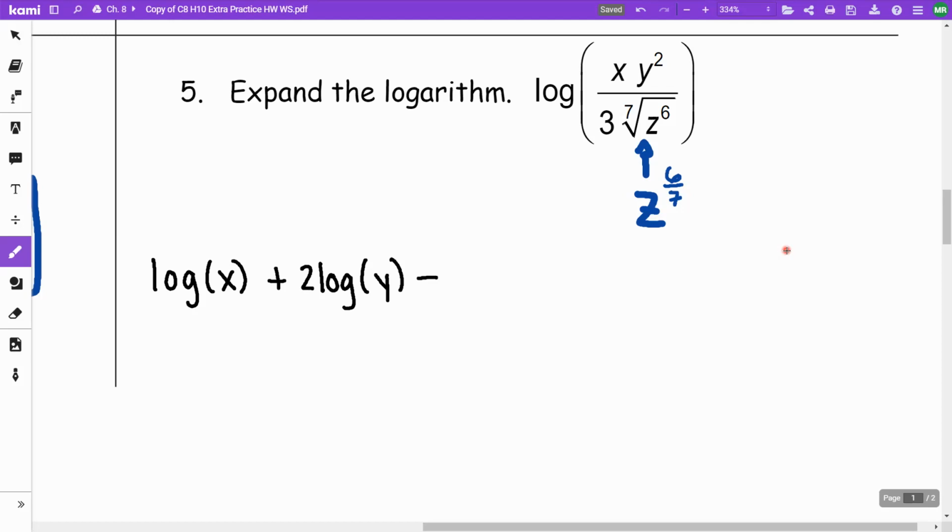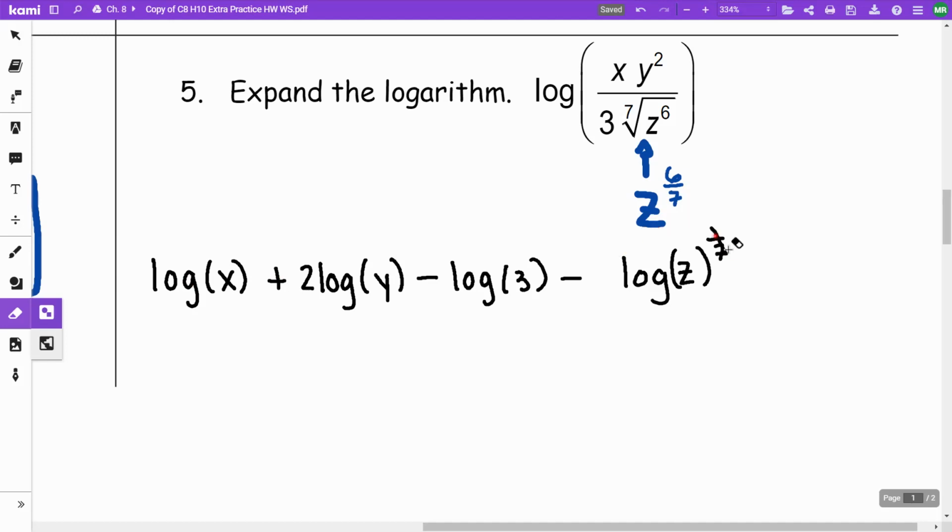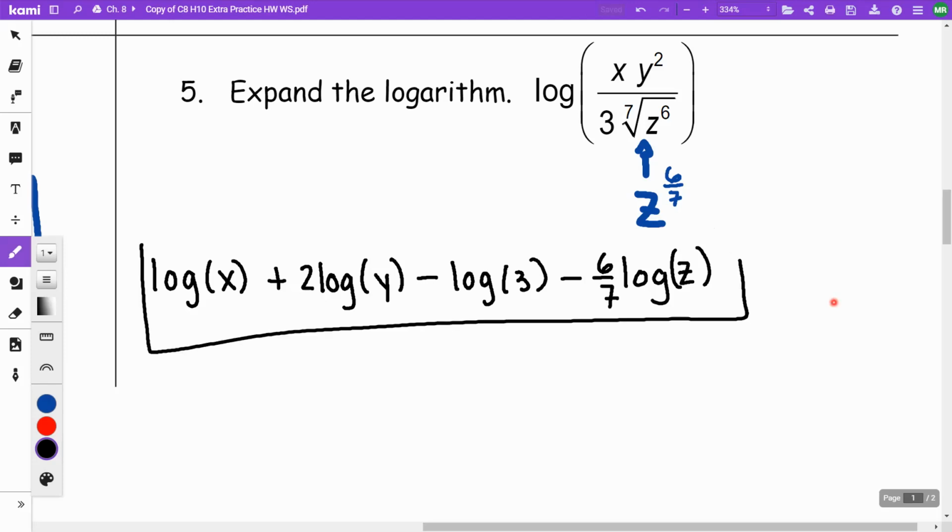Minus, because it's dividing, it's on the bottom, it's in the denominator, log of 3 minus, and again, this is going to be log of z to the 6/7, but that 6/7 can move in front. So I am going to end up getting 6/7 log of z. And that is my answer in expanded form.